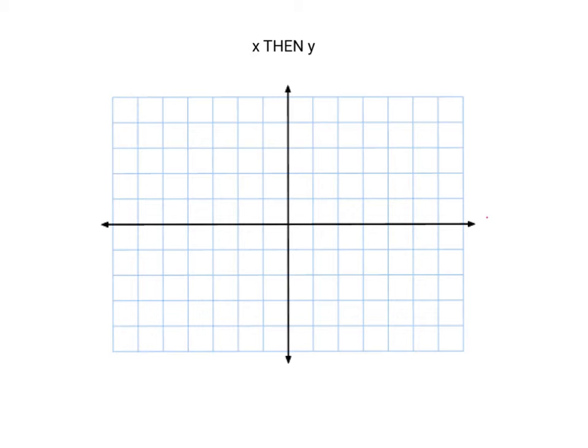So always remember, first you're going to go x's. You're going to look left to right. Then you're going to do your y-axis. Y-axis is up and down. So when finding a point, x comma y, you go left and right, then up and down.